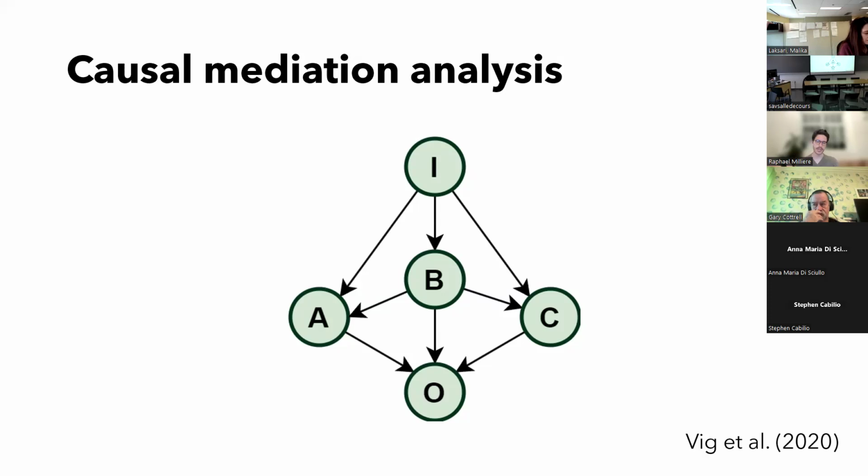So that's the mediation analysis part. And so through this intervention, we can measure the degree to which inputs influence outputs directly, so that's the direct effect, or indirectly through the mediator, through the intermediate variable, which is the indirect effect. So in the case that we're interested in, which is the case of neural networks, the mediator can be any model components that we want to study.